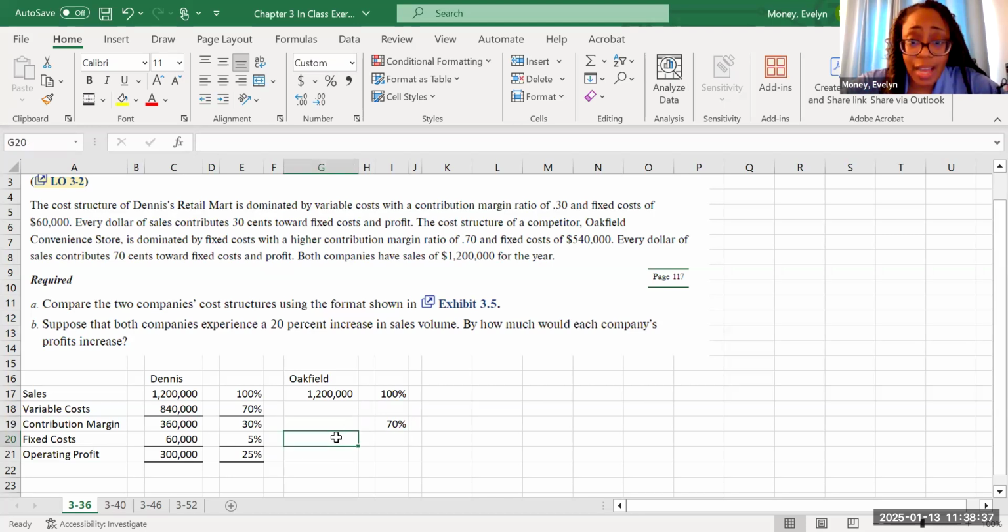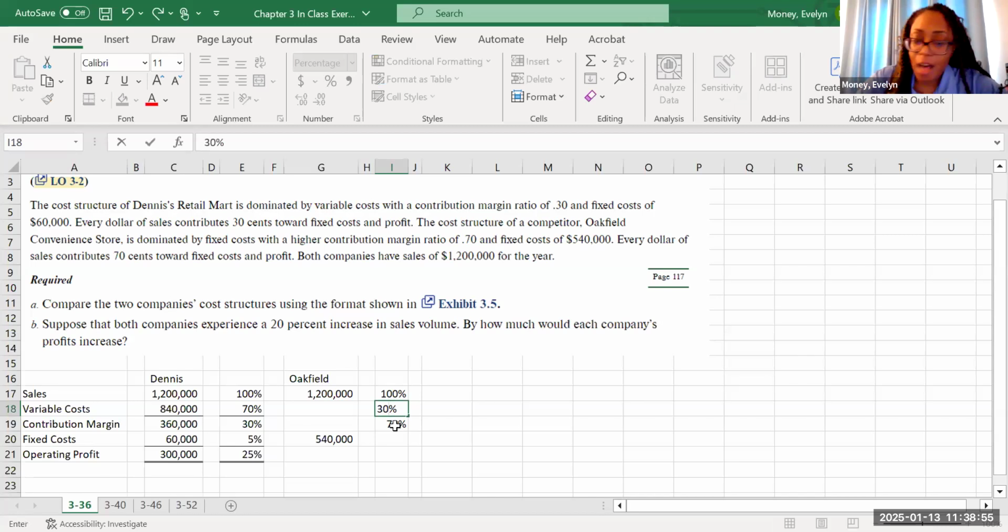And I know my fixed costs were 540,000. Now, if I know my contribution margin is 70% and contribution margin plus variable cost equals sales of 100%, then my missing amount is 30%.